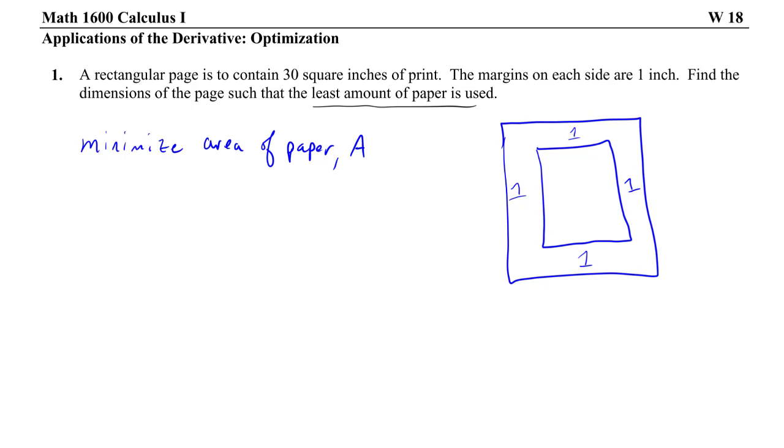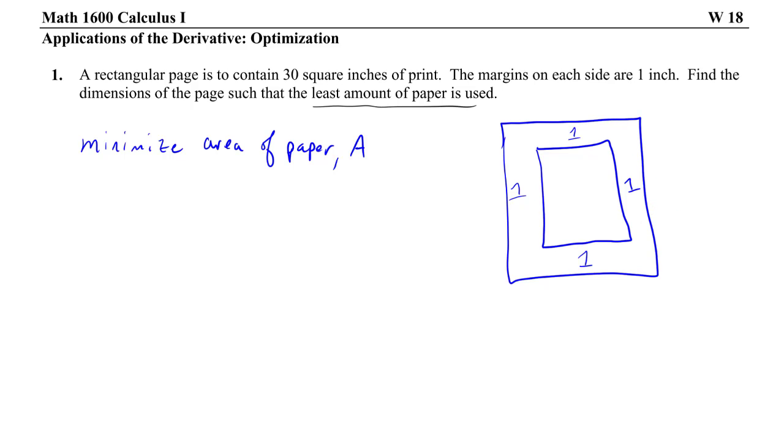Okay, so we have some choices. Since we're looking at the whole page that we're trying to minimize the area of, we could say that this is X and this is Y. Now, as it turns out, just from the way the mathematics is going to work out, and you wouldn't know this ahead of time, it's going to be a little messier that way.